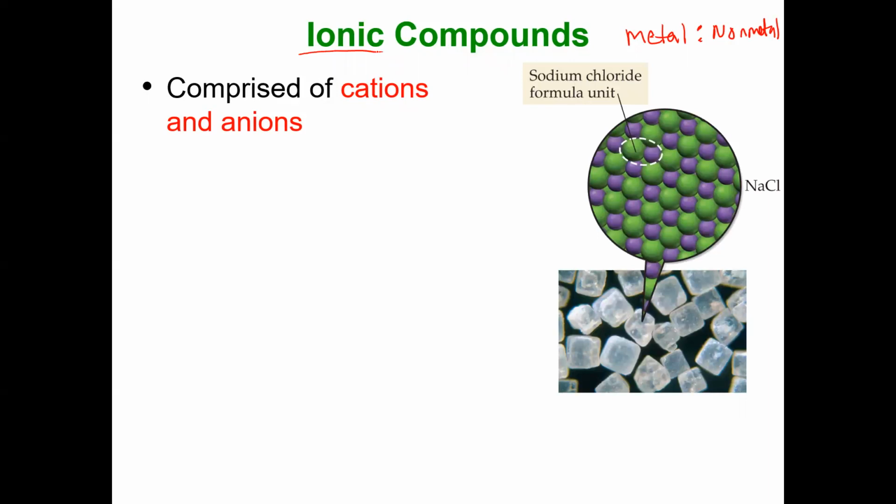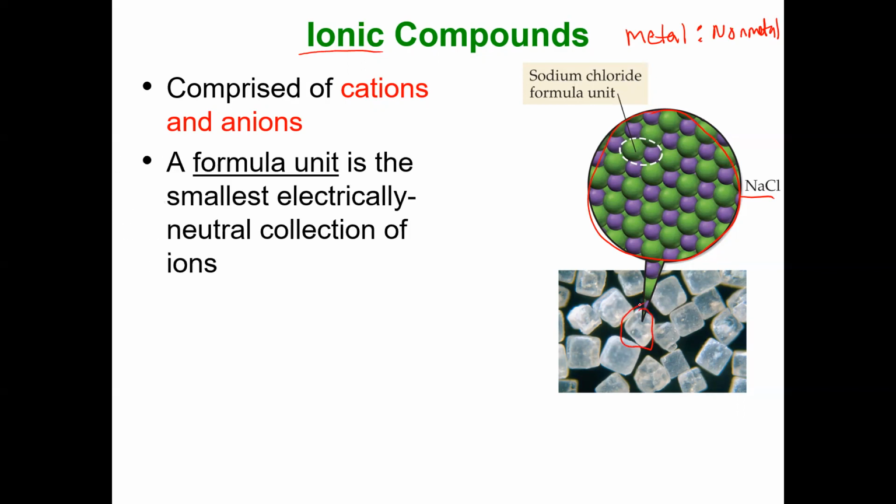So when I say sodium chloride, again, this is my molecular formula, and really it's showing me my ratio of sodium ions to chloride. Realize there's no molecule. It's a repeating lattice structure that forms these beautiful little salt crystals. So we refer to the molecular formula for ionic compounds as formula units.